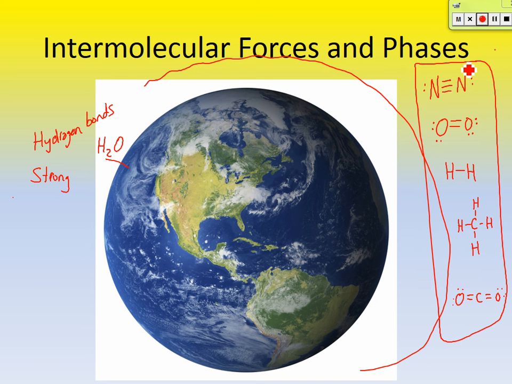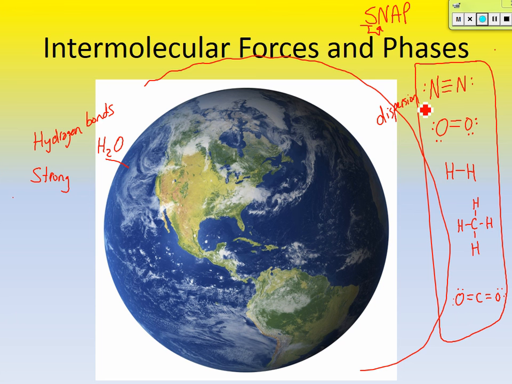Let's do SNAP. S-N-A-P. Guys, are they all symmetrical? Yeah. In every axis, they are all symmetrical. So that tells us they are what? Nonpolar. What type of intermolecular forces act on nonpolar molecules? Dispersion. So these guys are dispersion.